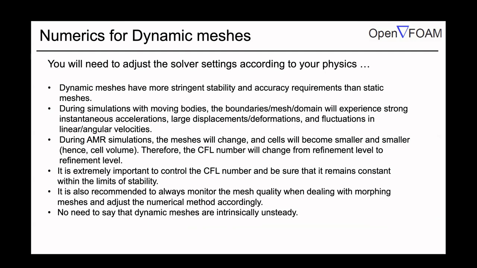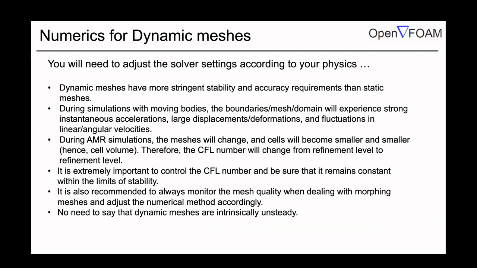Another problem is adaptive mesh refinement, because you are making the mesh more and more refined for a particular scalar variable, like alpha water here. Your local CFL number keeps on changing, right? So to account for that, you must use a kind of adaptive time stepping. You cannot keep your fixed time step with a very high, very coarse value.